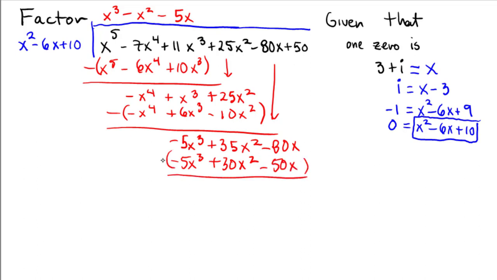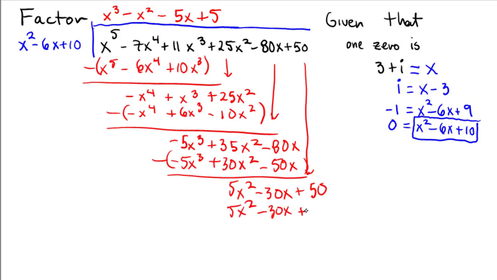And so that when we subtract now, we end up getting 5x squared. Negative 80 minus negative 50 would be negative 30x. And then our last spot down would be plus 50. So of course that on the end would be a plus 5. 5x squared minus 30x plus 50, and there is no remainder as expected.